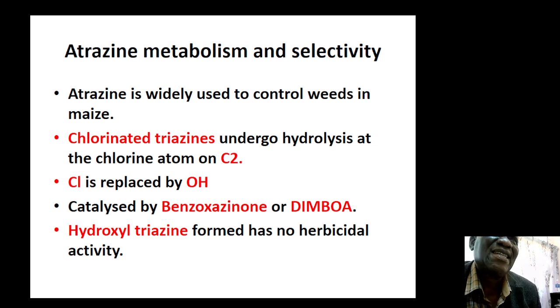where we have the chlorinated triazines, where we have the chlorine atom, which is now replaced by an OH. And please remember that the catalyst or the enzyme needed is benzoxazinone or DIMBOA instead of cytochrome P450, and we form an OH or hydroxytriazine.